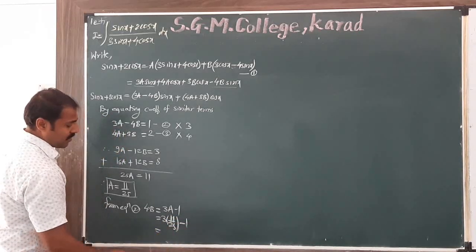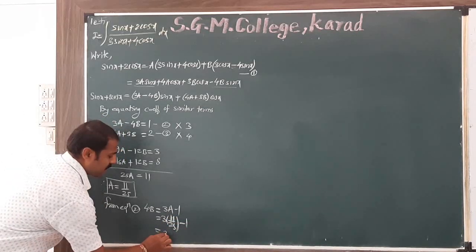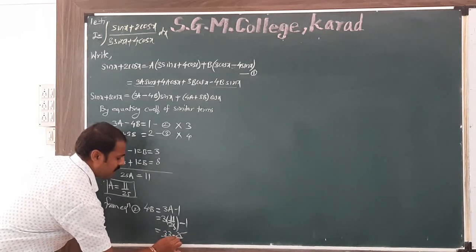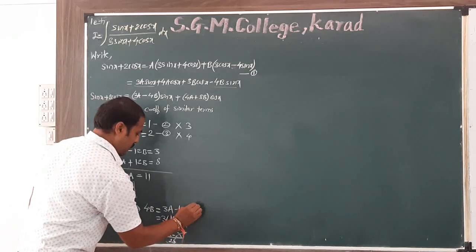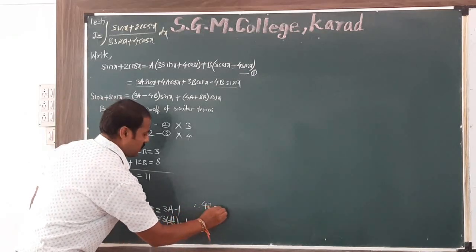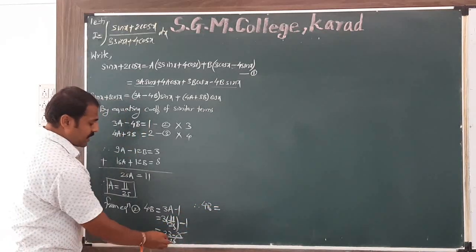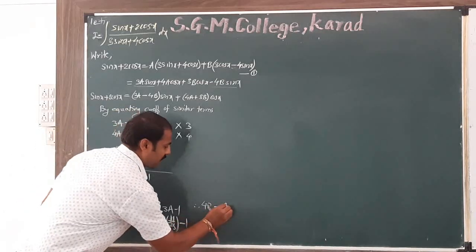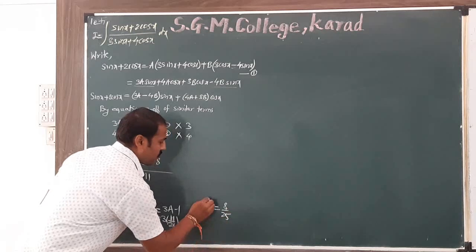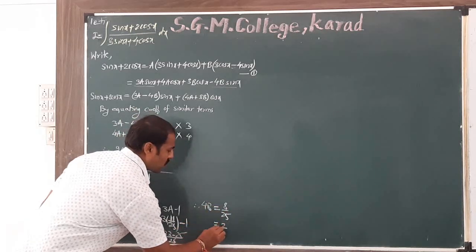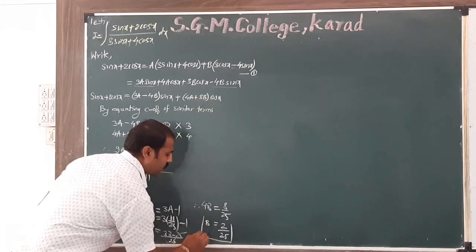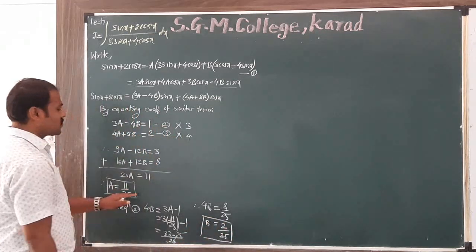On making denominator same, it's 33 minus 25 divided by 25. Therefore, 4b is equal to 33 minus 25, it's 8 divided by 25. 4 2s are 8. So, value of b is 2 divided by 25. Here are the values of a and b.